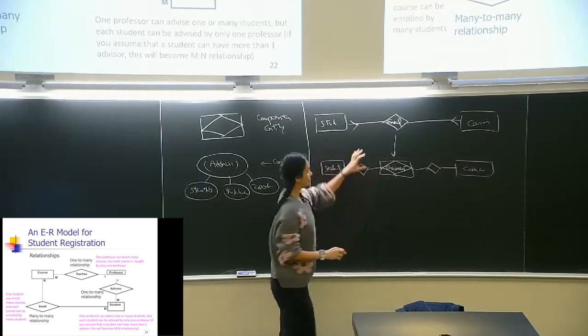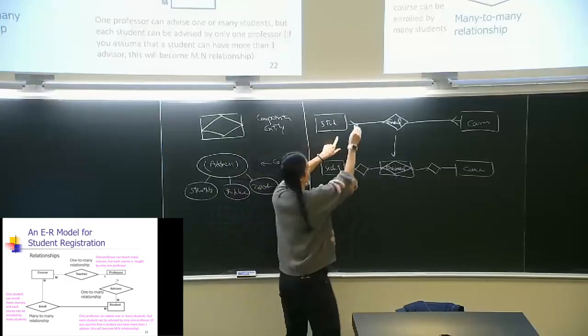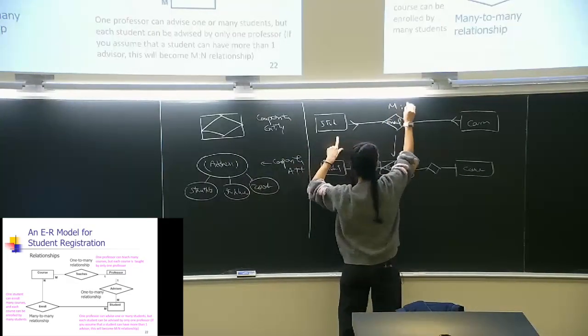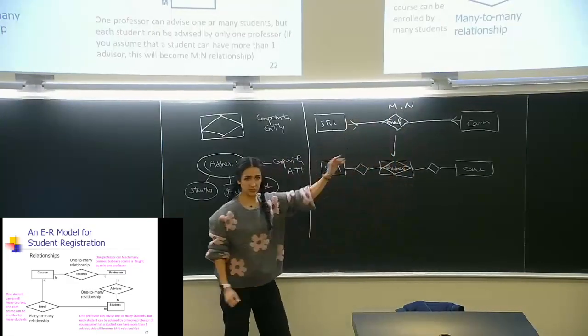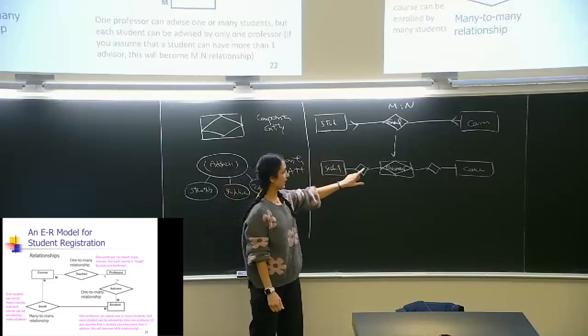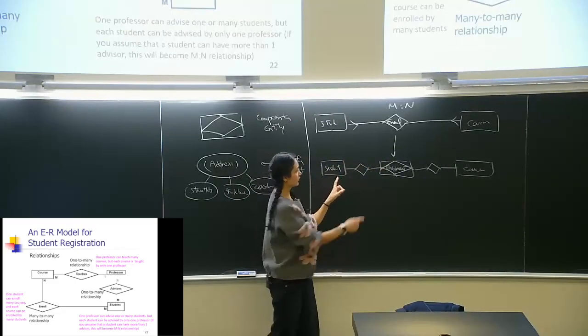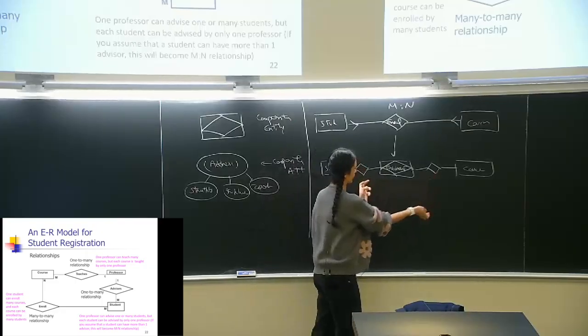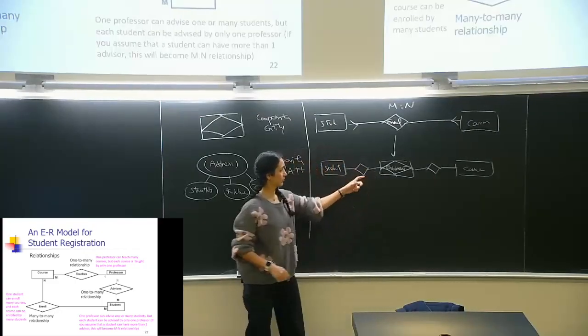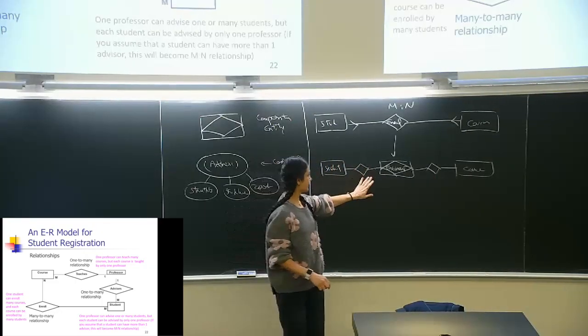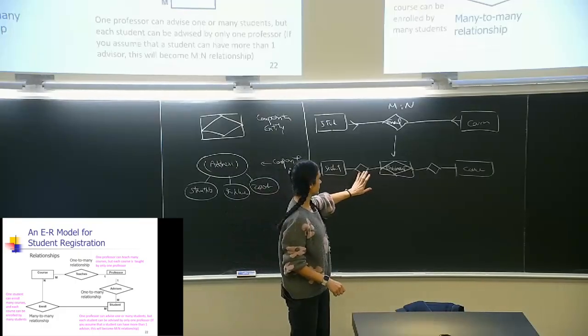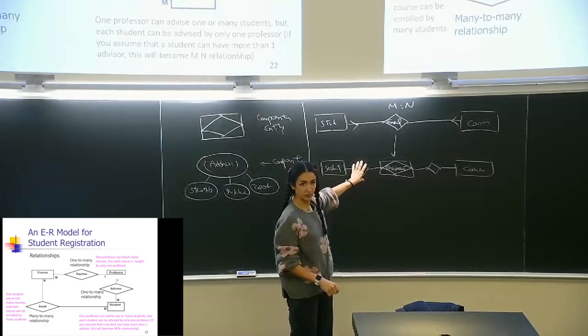So this is an example of a many-to-many relationship, right? And then we talked about how whenever we have this in our design, we have to convert it into two relationships. These ovals are representing a relationship, right?